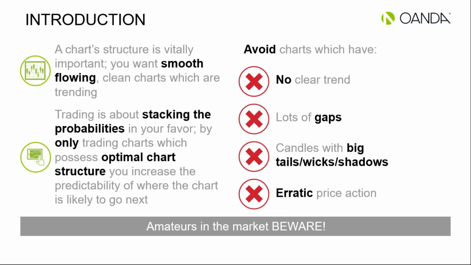Amateurs trade on emotion and gut reactions, so their orders and the volume in that market is not so predictable. You really want to position yourselves with a predictable momentum. And when you can't predict the momentum, there's really no point to take that trade.